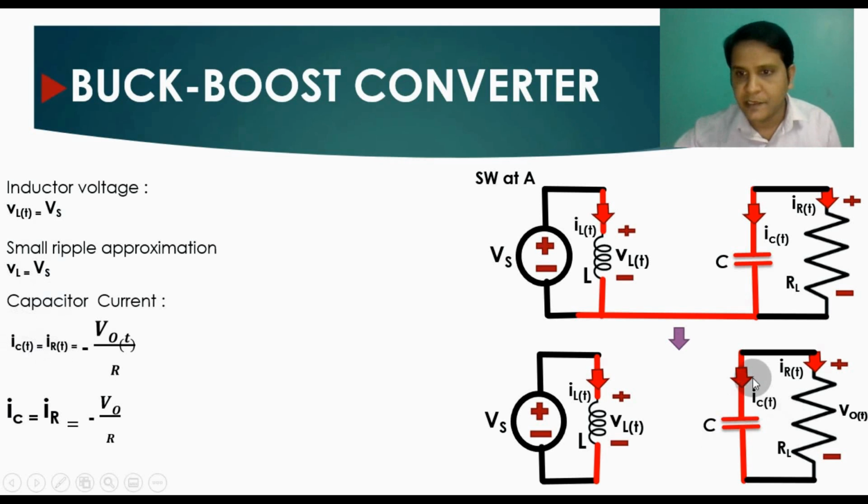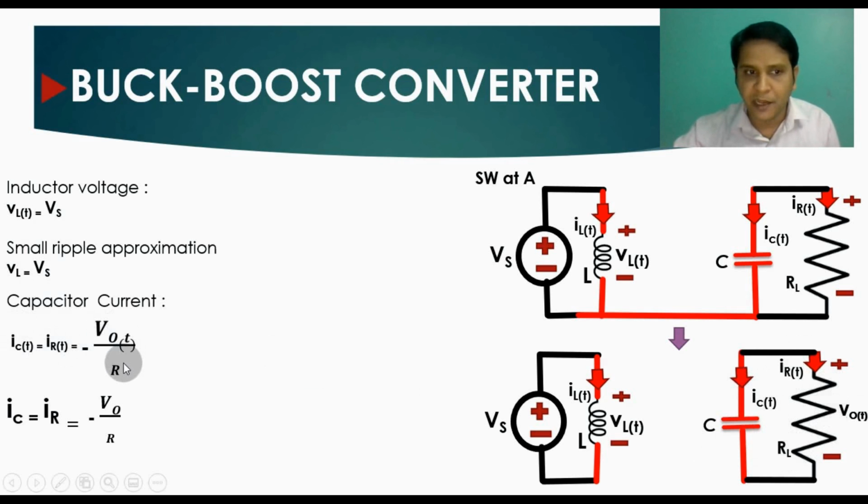Now, if you want to find the capacitor current, iC(t) is given by iR(t). You can see since we have one closed loop here, this current iC(t) is given by iR(t) but in opposite polarity. So iC(t) equals minus vo(t) divided by R, that is, output voltage divided by the load resistance.